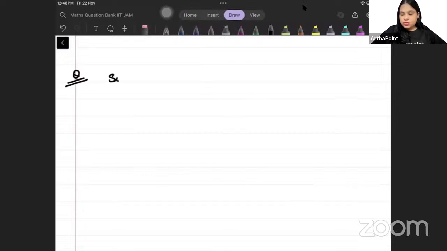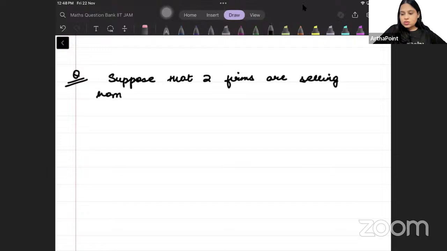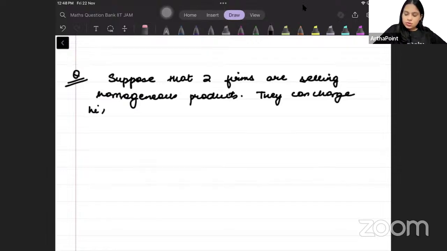So, suppose that two firms are selling homogeneous products. They can charge high price or low price.